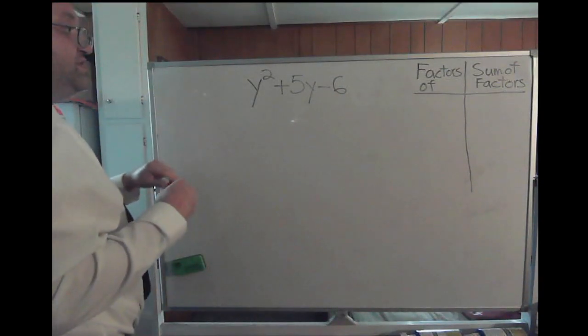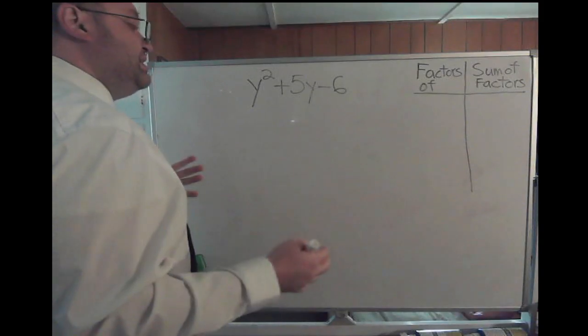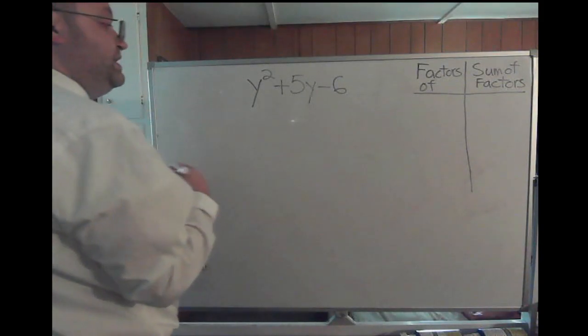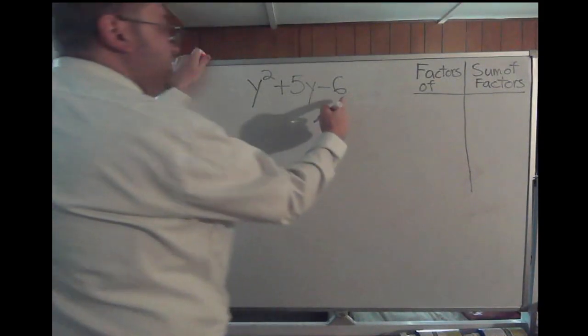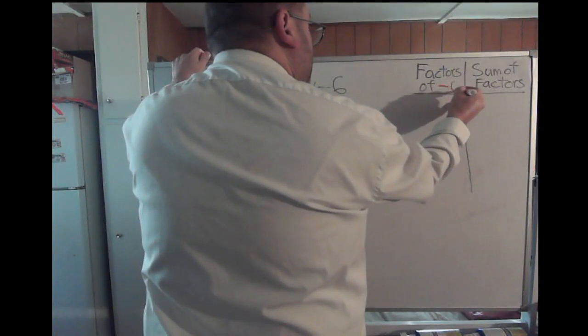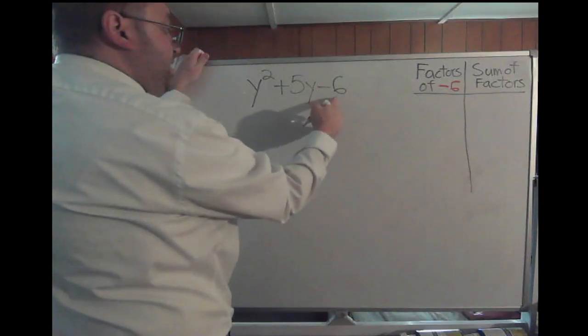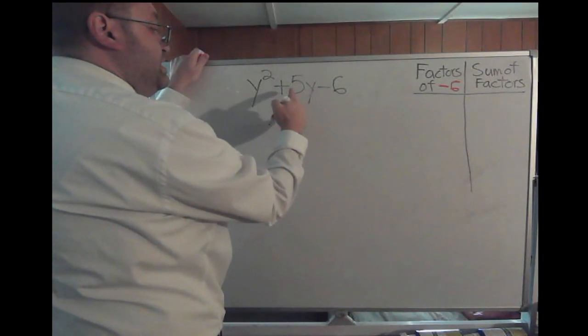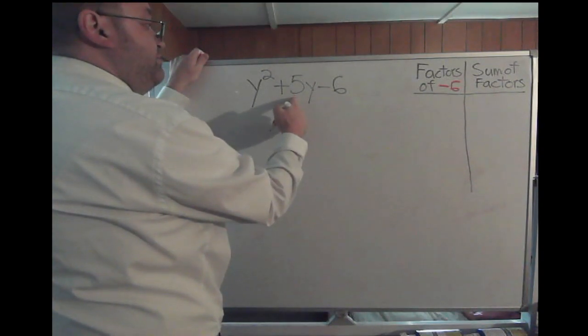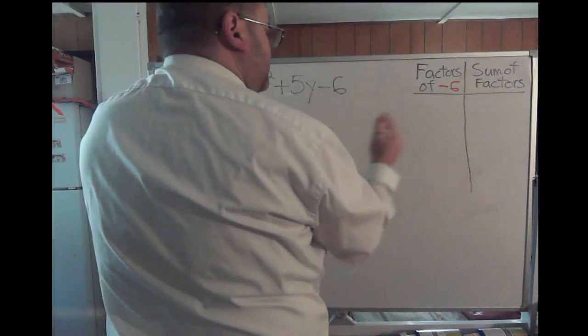It's a negative 6. It's going to work much like yesterday's lesson when it was positive, only the constant's negative. We need to find factors of negative 6 that when added together give you the middle constant of positive 5.